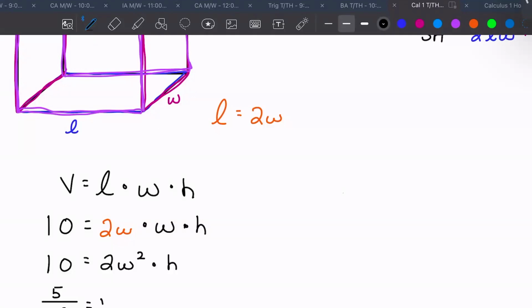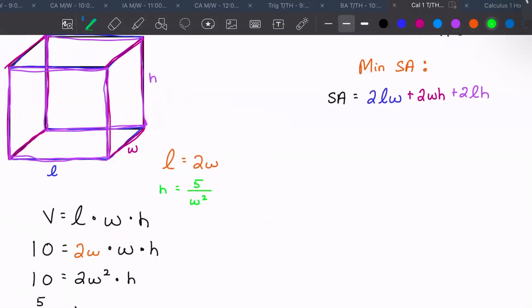And that would give me H in terms of W: 5 over W squared. Okay, so I used what I know from my problem to figure out that I can turn everything in terms of W.